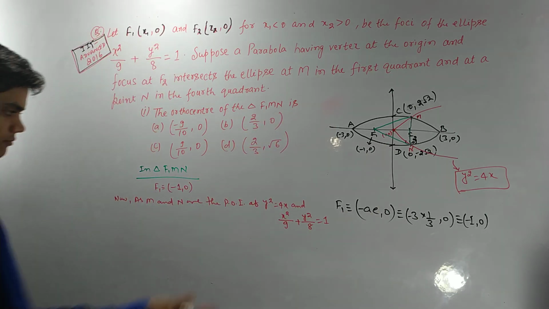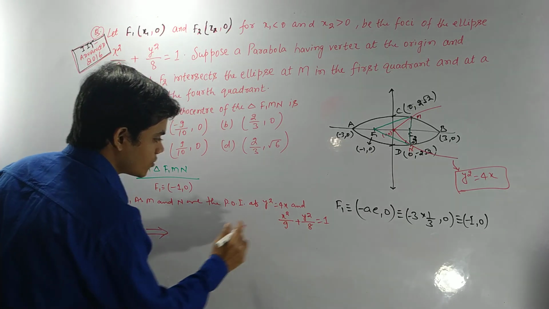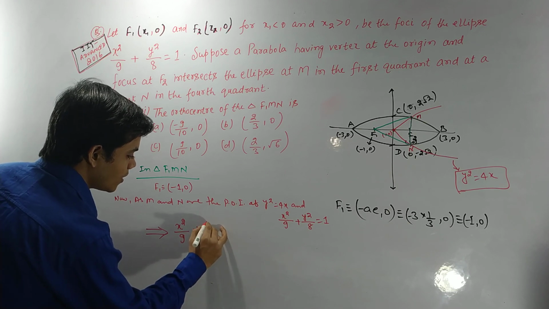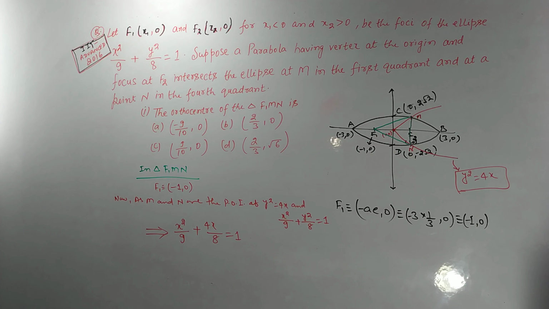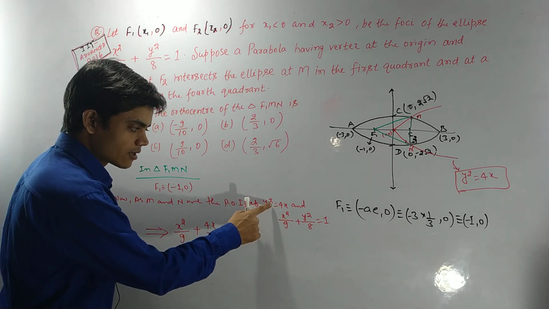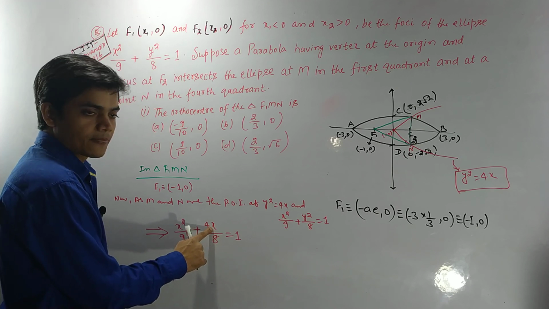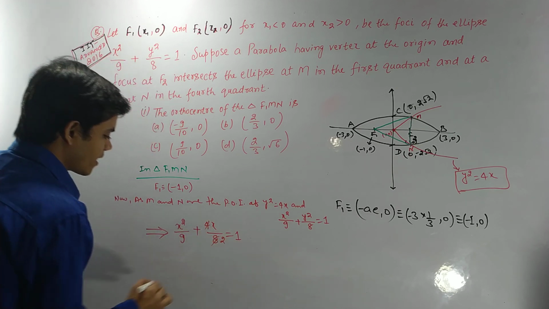So what should we do? We have to solve these two. So this is x square upon 9 plus 4x upon 8 is equals to 1. We have put y square as 4x. Okay, so from here this would be cancelled out.